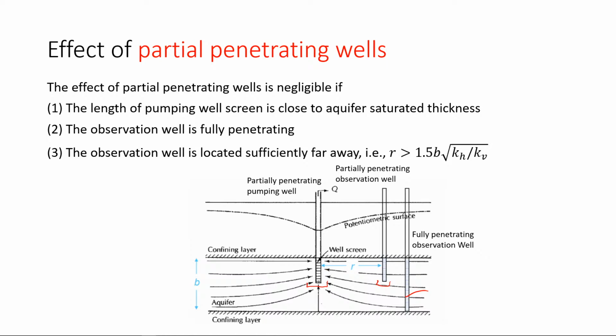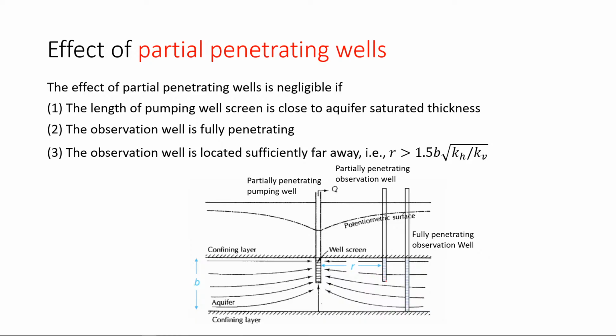When it's partial penetration, the problem is that you no longer have just horizontal groundwater flow, but you also start to have vertical gradients in your flow.